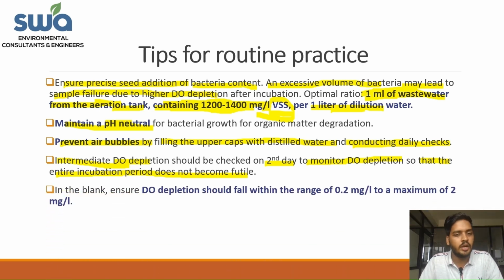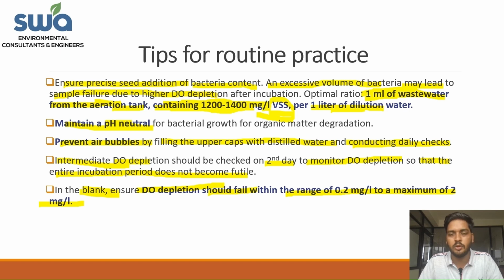The next point is to ensure the DO depletion falls in the range of 0.2 milligram per liter to a maximum of 2 milligram per liter in the blank sample. If the DO depletion in the blank sample is less than 0.2 milligram per liter, it will not work.